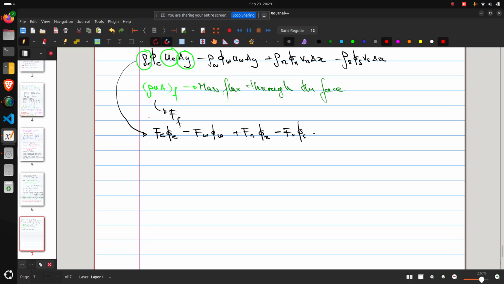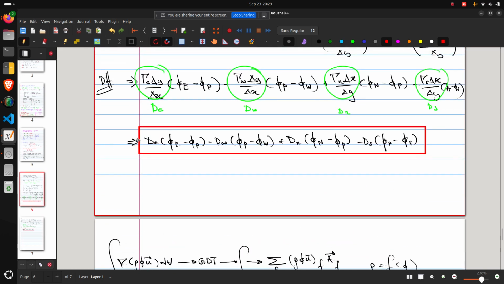So now we have all the terms discretized. Let's bring out the diffusion term also.